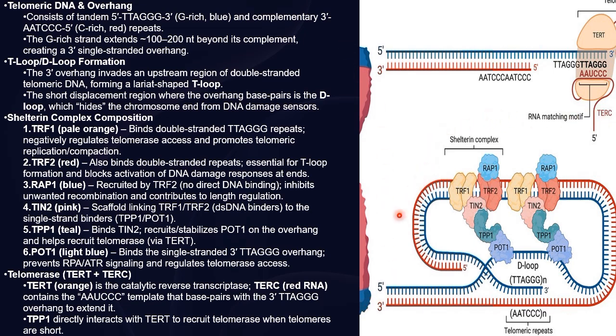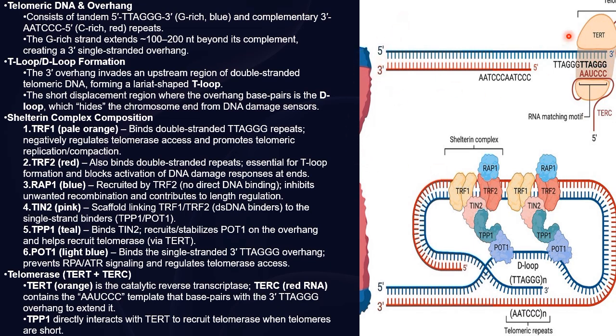So this is the 5 prime region which I mentioned during the explanation of the end replication problem, as this 5 prime end cannot be used by the DNA polymerase for the synthesis of DNA. So an enzyme, only telomerase, comes in and synthesizes the DNA, which we will discuss in detail.